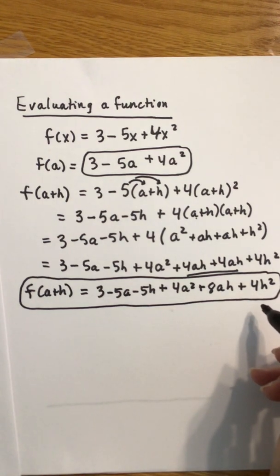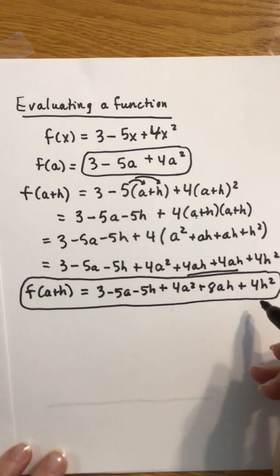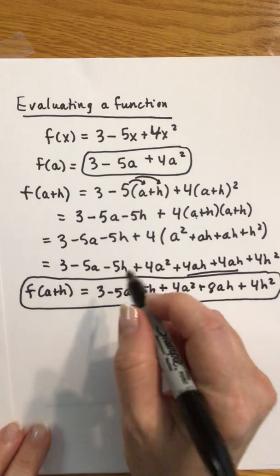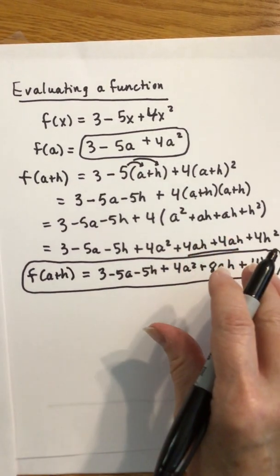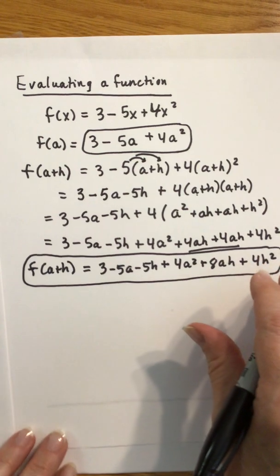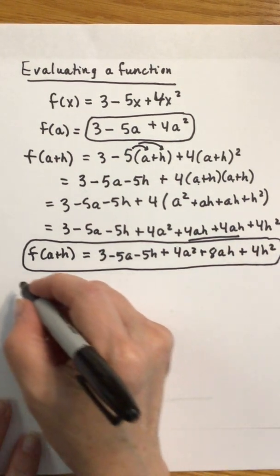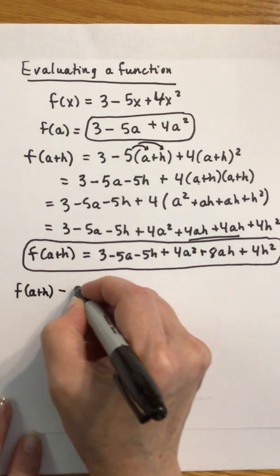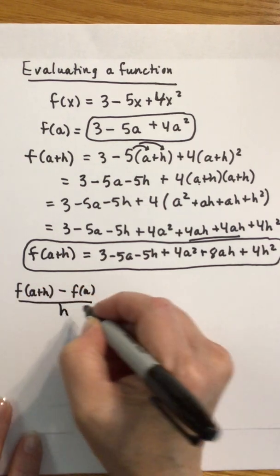Now the last one is kind of a tricky one, because we're looking at now combining these two answers, the f of a and the f of a plus h, into what we call the difference quotient. So we're going to start out with the difference quotient is f of a plus h minus f of a over h.